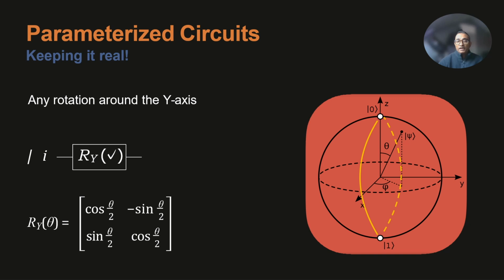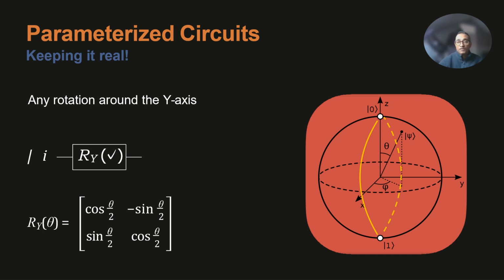Any rotation around the y-axis of the Bloch sphere can also be conceptualized in the form of a matrix. So this gate RY of theta can be written in matrix format in terms of the angle parameter theta, which controls the rotation.